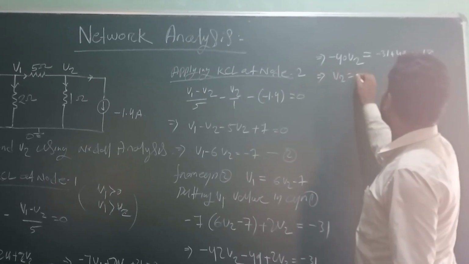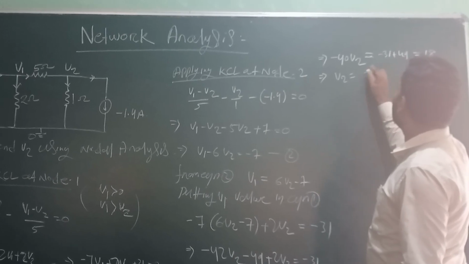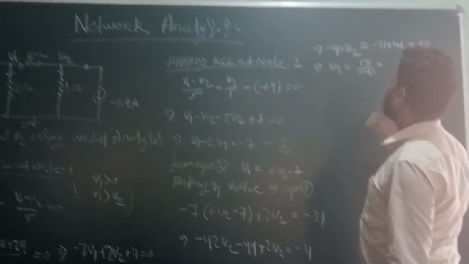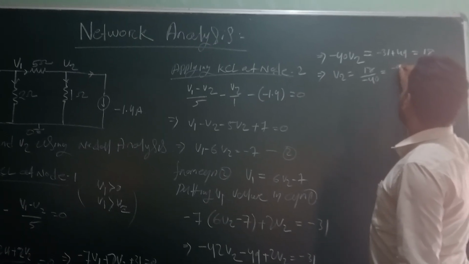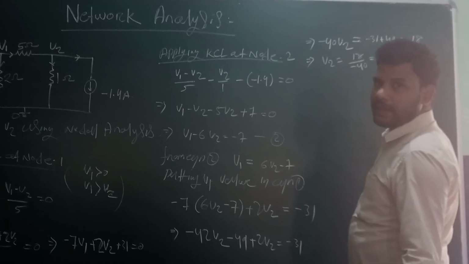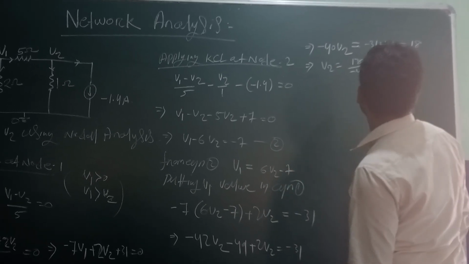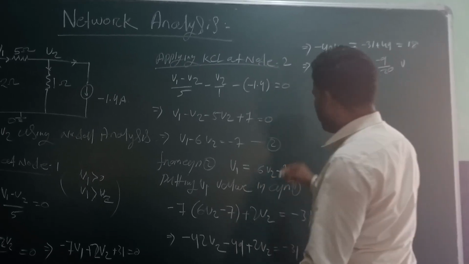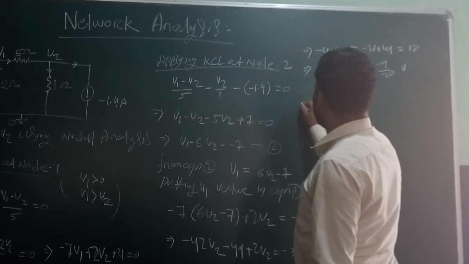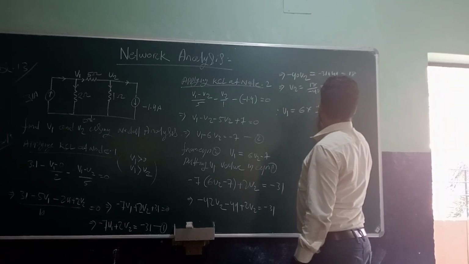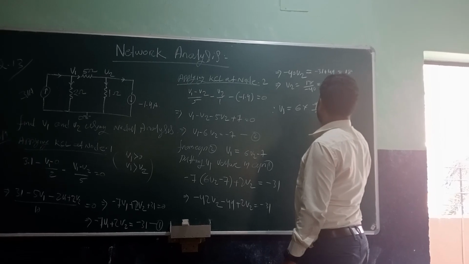So V2 equals to 18 by minus 40, which equals to minus 9 by 20. So V1, putting this value, V1 equals to 6 into minus 9 by 20 minus 7.